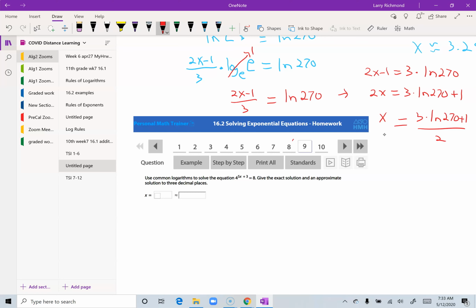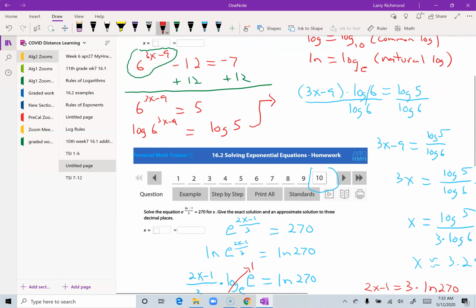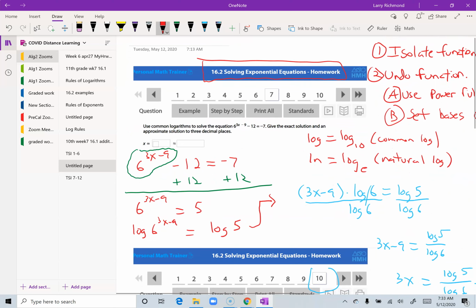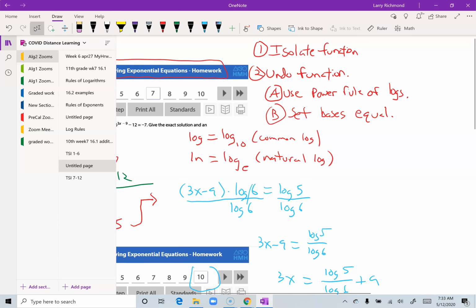One last one, number 9. Alright, in number 9 I'm going to show a different method. Recall in the beginning I said after we undo the function, we can use the power rule. That will pretty much always be effective. But occasionally we'll have a situation where we can set the bases equal to each other, and we can capitalize on what's called the one-to-one rule of exponentials.